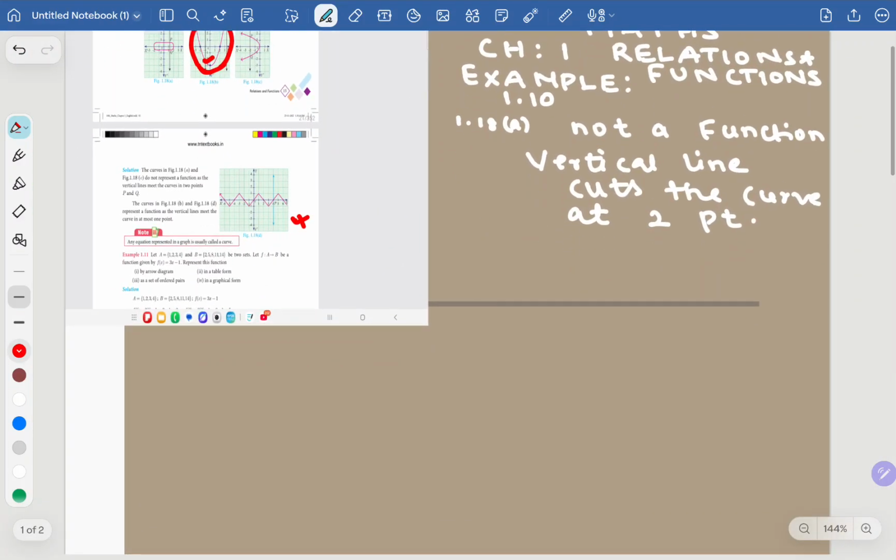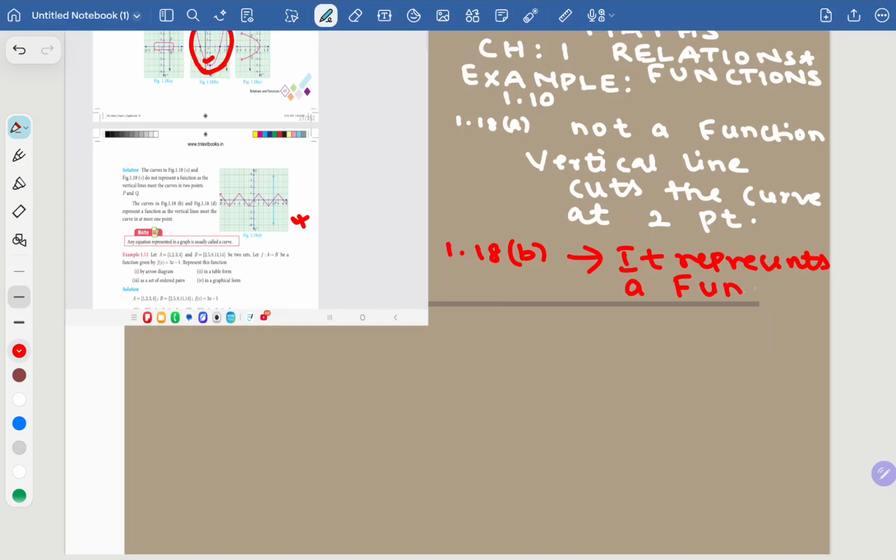Therefore, 1.18b represents a function, because the vertical line meets or cuts the curve at 1 point.